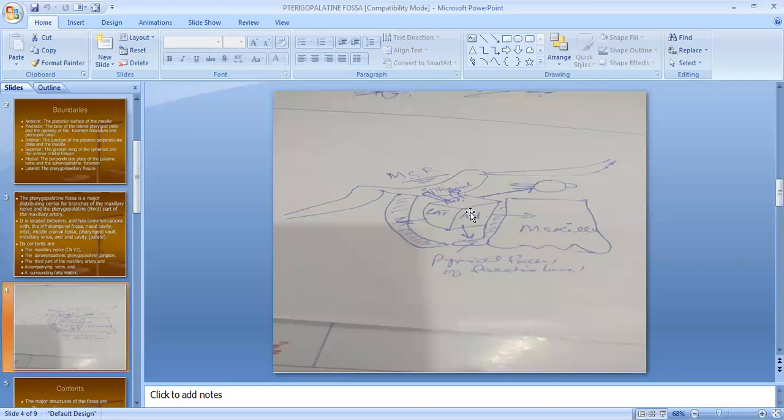So the pterygopalatine fossa, as we have discussed, anteriorly is bounded by the maxilla. Anterosuperiorly, it communicates with the orbit through the inferior orbital fissure. Posteriorly, it communicates with the middle cranial fossa through the foramen rotundum and pterygoid canal.